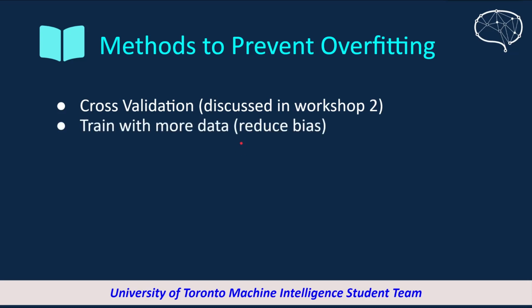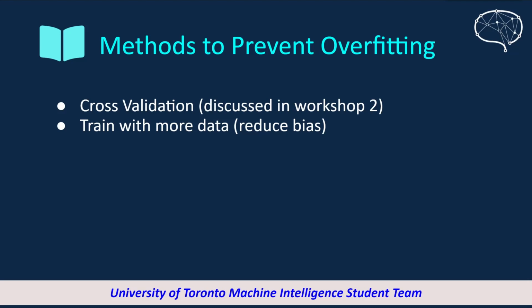Yeah, and the second one is train with more data. This is also called reduced bias. So a very simple but not appropriate example is, for example, you only have three data points for a data set. And you are training a very complex model based on only three data points, and that is ridiculous, right? It's very likely that there is very high bias in the three data points you have.